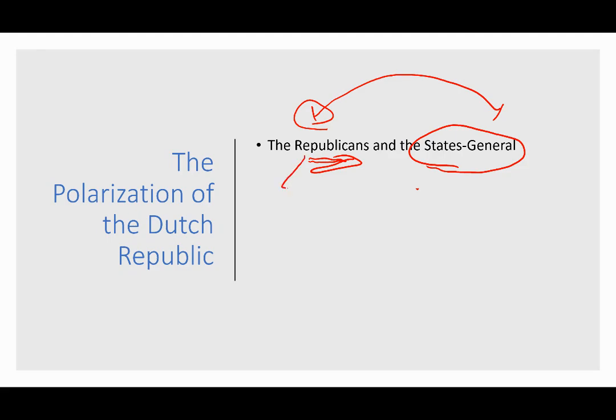Which social class do you think the Republicans were? Of course they're the burghers. Because what economic system do they want? Of course, capitalism. So the Republicans wanted to decentralize the monarchy so that they would have more freedom. Well, on the flip side, you have the stadtholders.